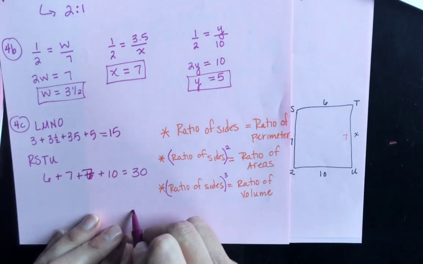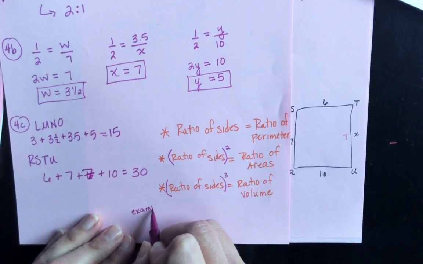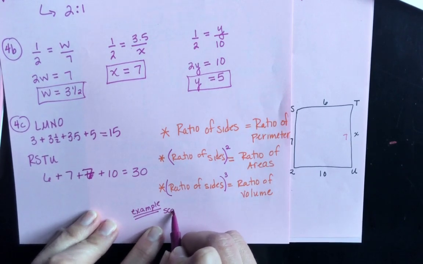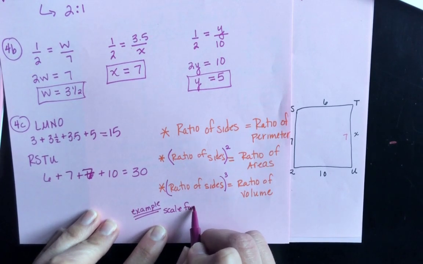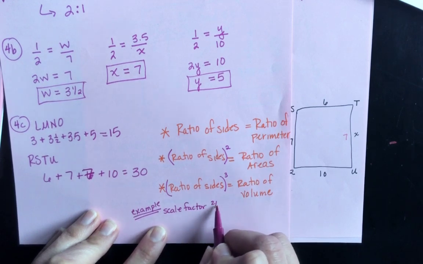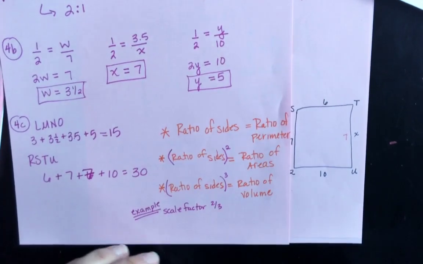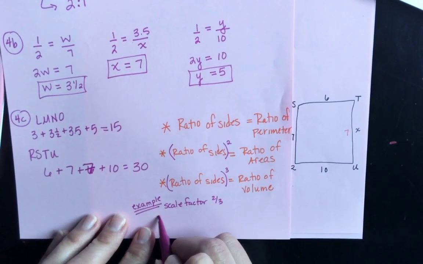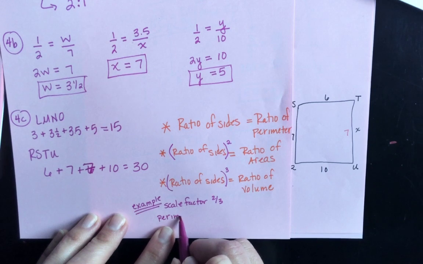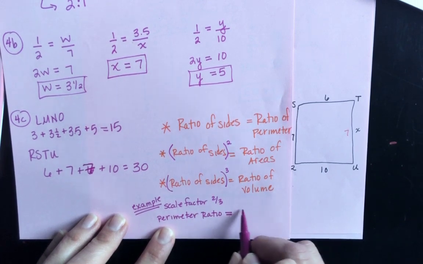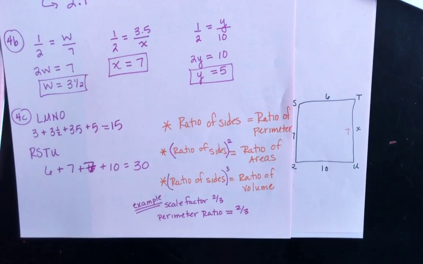So for example, if I said our scale factor was 2/3, and I said, what's the ratio of the perimeters? You would say 2/3.